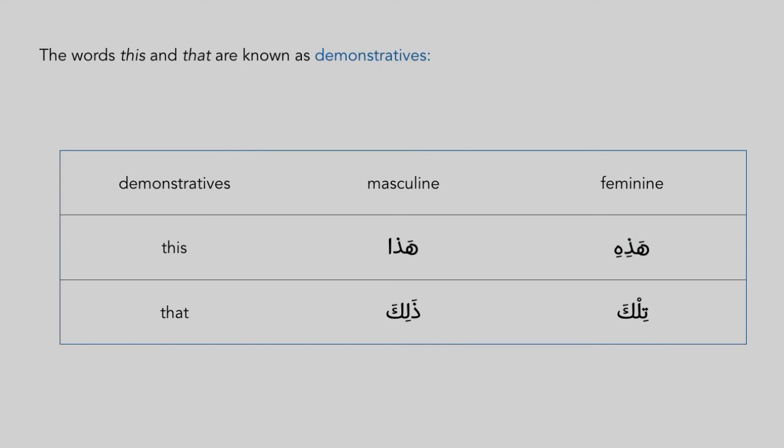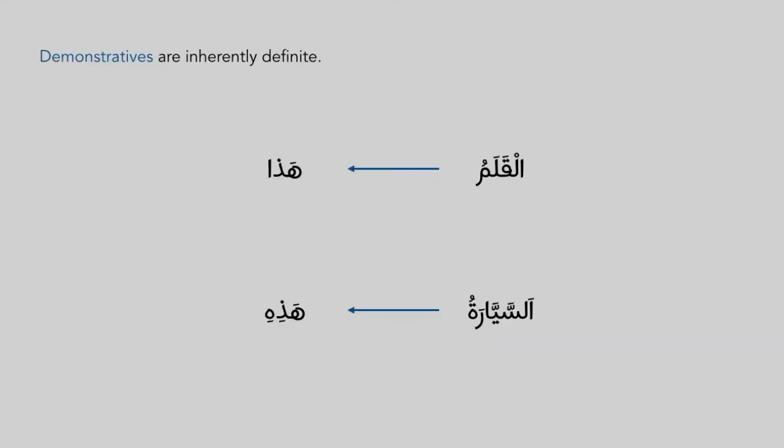One of the big things to note about demonstratives is that they are inherently definite. Something definite is something that's known about, and something indefinite is a bit more generic. But if you're pointing to something, it's going to be known about. If I say this book, then it's not any other book.